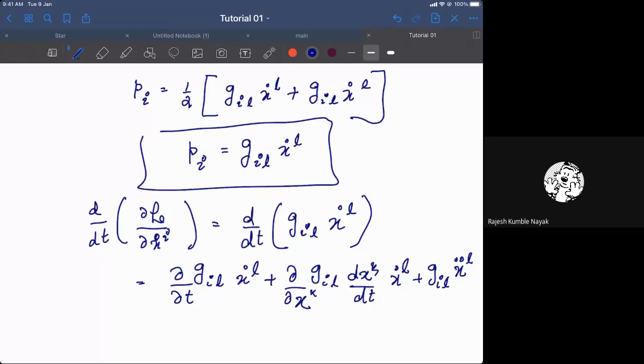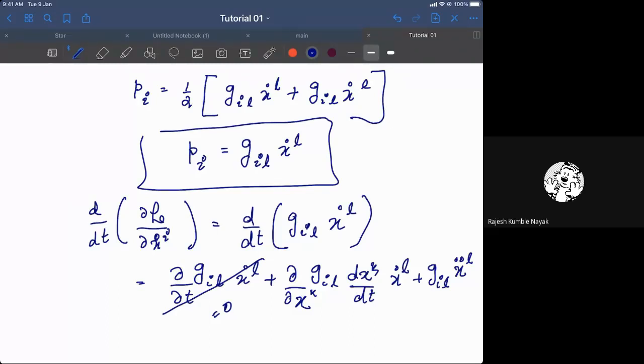Now we have assumed that the Lagrangian does not depend explicitly on time, so we may assume this to be 0. Because this is a special case when the Lagrangian doesn't depend on time, the total energy is conserved. The total energy is the sum of potential and kinetic energy. Potential energy we have already assumed 0, so we have only kinetic energy.